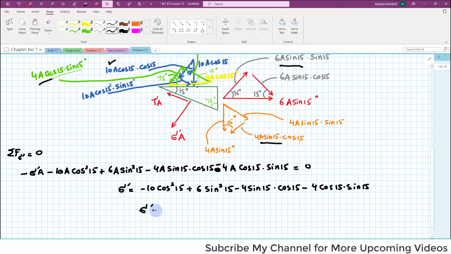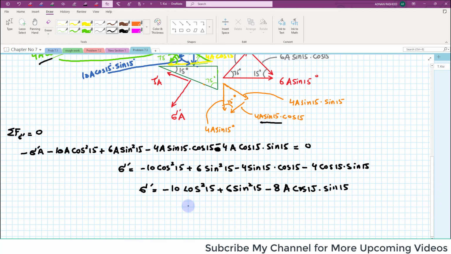So this sigma dash will become equal to minus 10 cos square 15 plus 6 sine square 15, and this minus 4 minus 4 will be minus 8 cos of 15 into sine of 15 degree. Clear? So when you solve this using a calculator, you will get the value of sigma dash as 10.93 ksi.